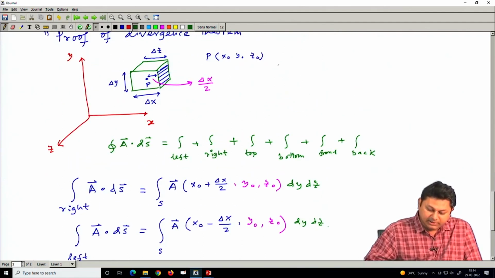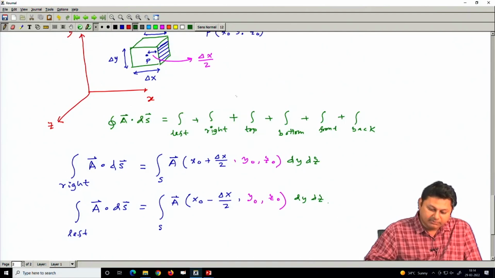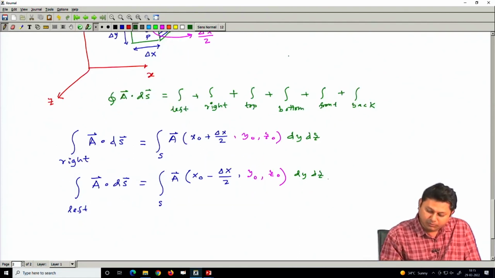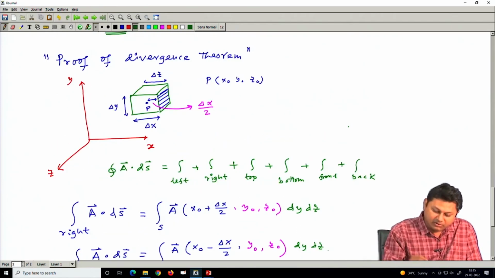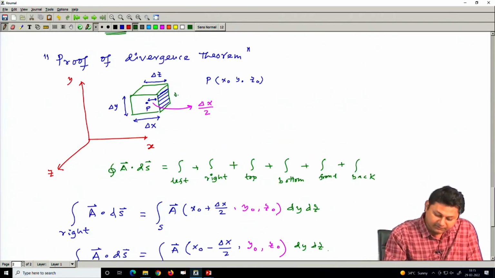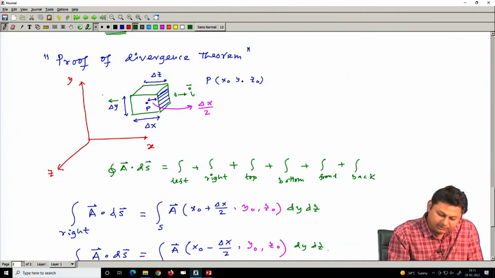Mind it, the left side and this side, the unit vectors are in one case plus, and in the other case minus. On this side the unit vector of the surface is i, but on this side the unit vector is minus i.